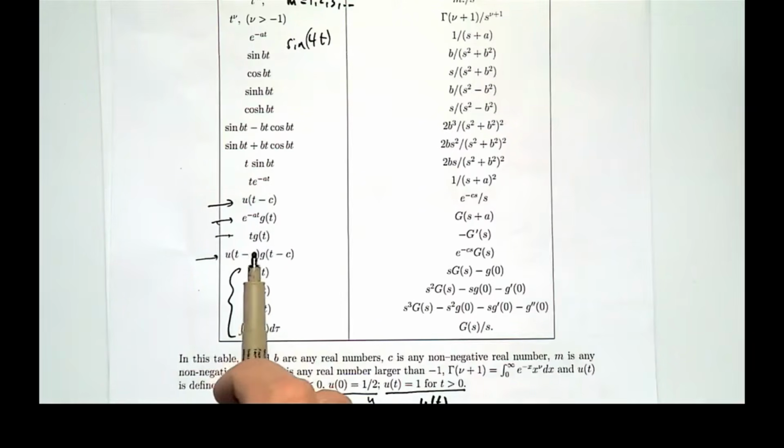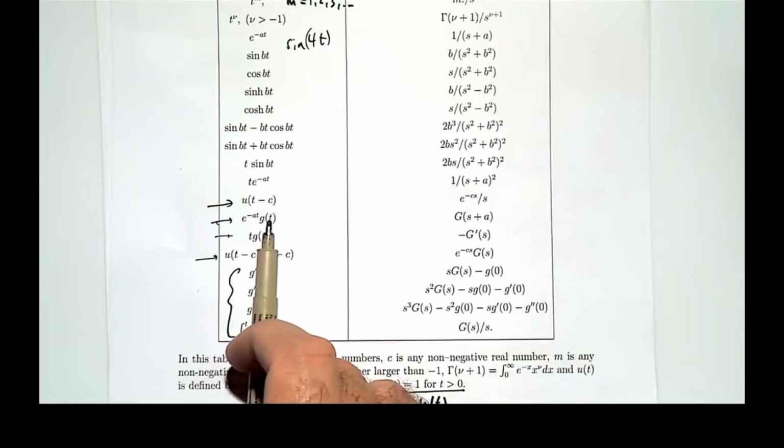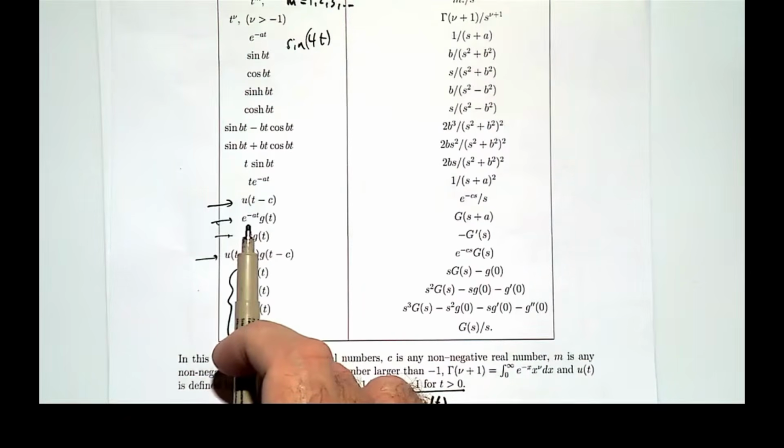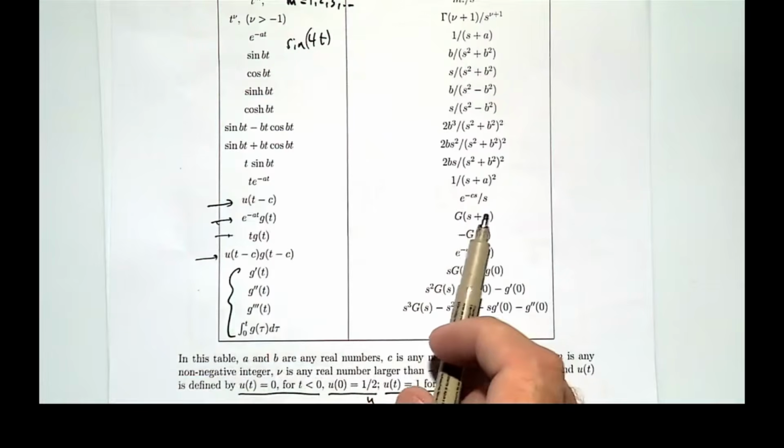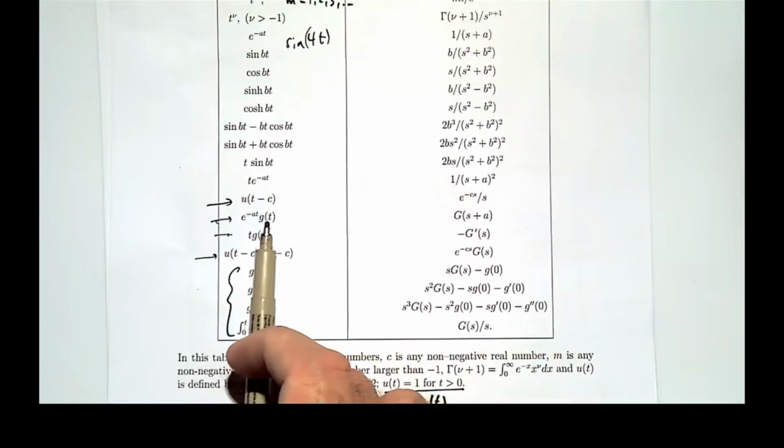Let's have a look. So here, if I'm multiplying some function with an exponential, then I do a shift in the transform of this function only. Let me say that again, because this is a special theorem that we'll learn called the first shifting theorem, okay? The first shifting theorem.